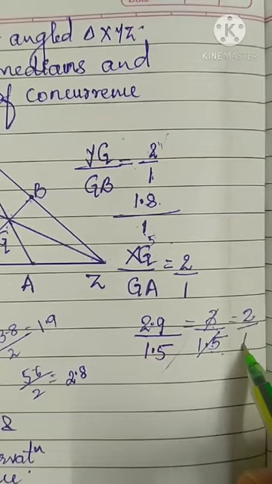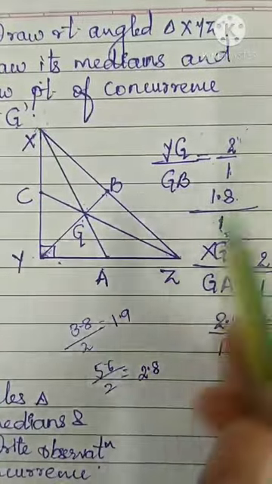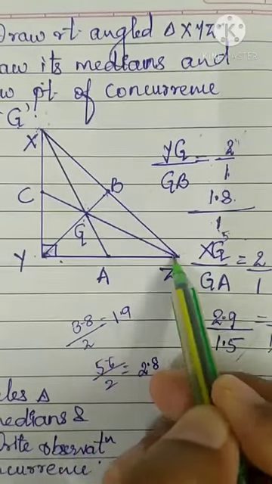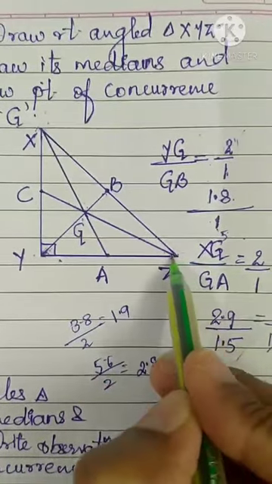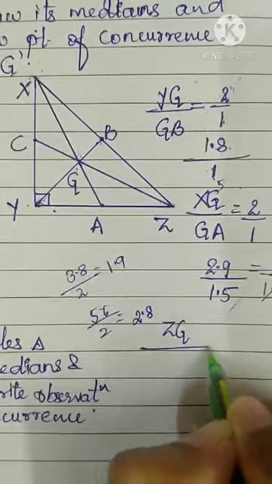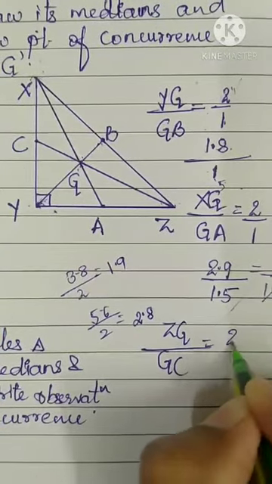So 2:1. So what will be the third relation now? XG upon GA over YG upon GB over. Now the third vertex is Z. So start from Z. ZG upon GC will be 2:1.